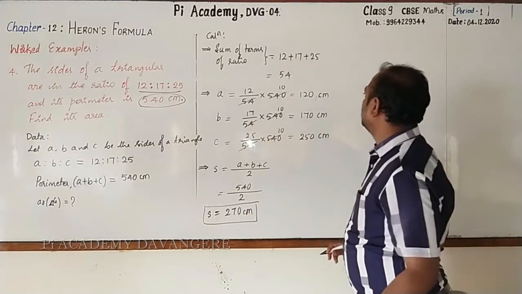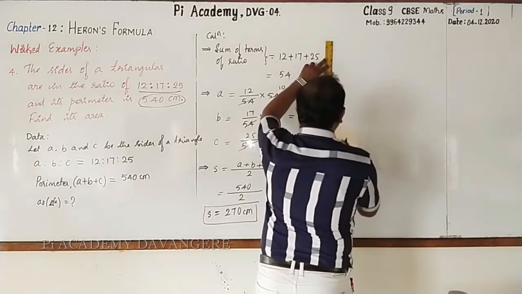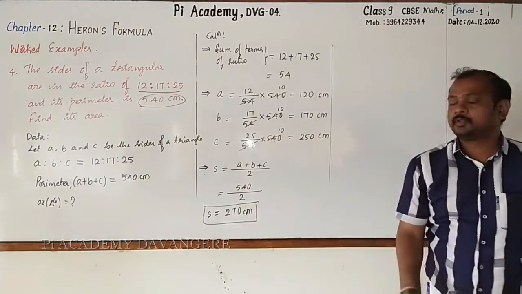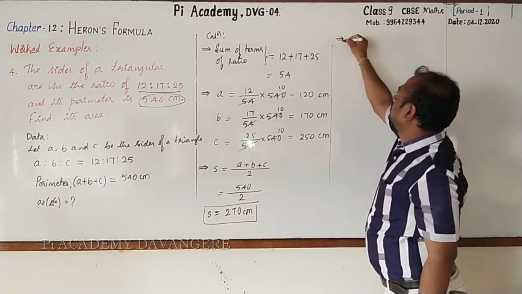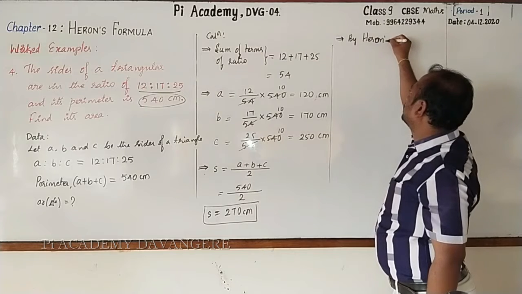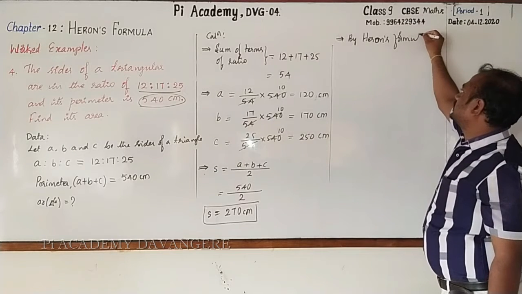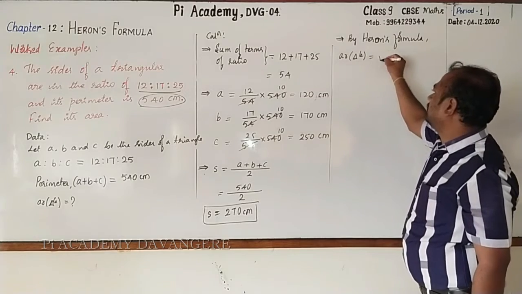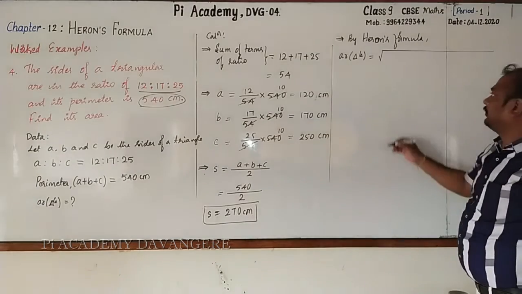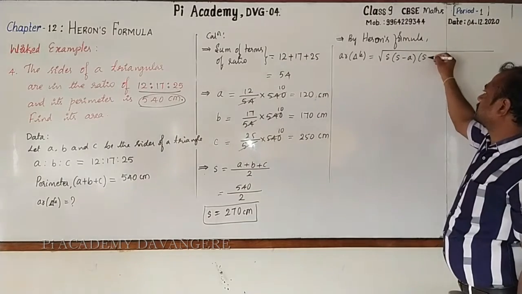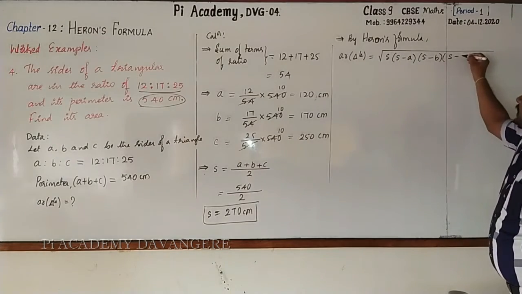Next, we have to use Heron's formula to find out the area of the scalene triangle. By Heron's formula, the area of the triangle is equal to square root of s into (s minus a) into (s minus b) into (s minus c).